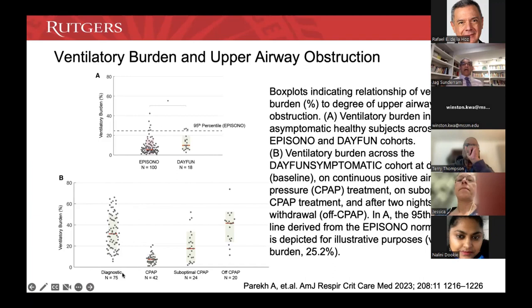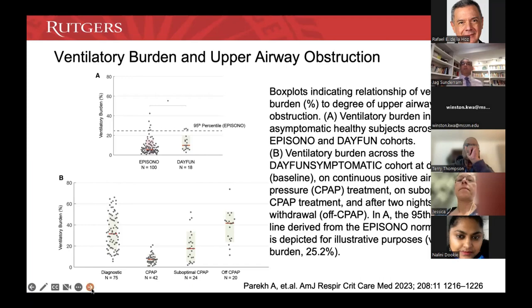But if you had an OSA diagnosis, then your ventilatory burden was high. When you were treated with CPAP, it dropped again. And then when you were not treated adequately or you came off CPAP, the burden increased again. So this showed that the ventilatory burden was a very good marker for obstructive sleep apnea events.